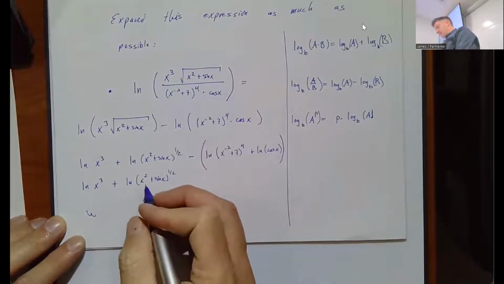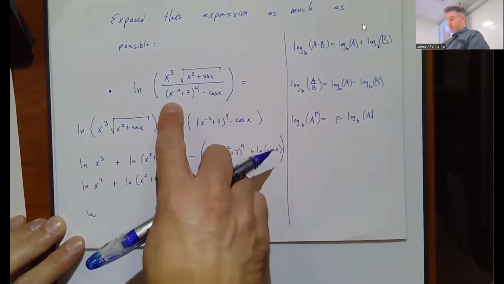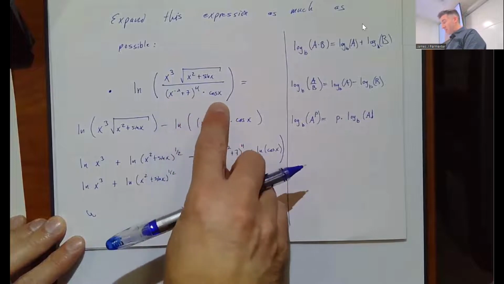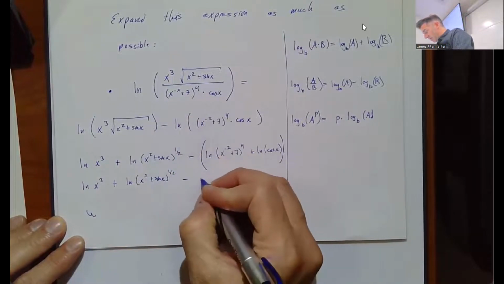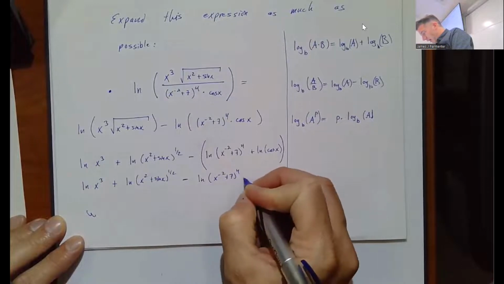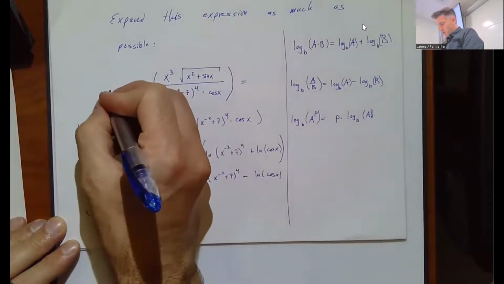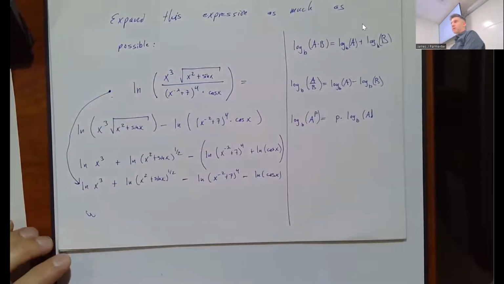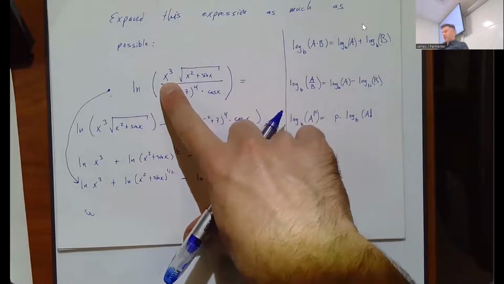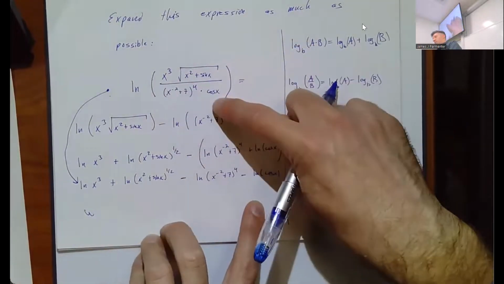But all the bottom factors, x to the negative second plus 7 to the 4th and cosine of x, end up with negative coefficients. So personally, I am pretty comfortable going straight from here down to there, saying it's the natural log of the top factor plus the natural log of the top factor minus the natural log of the bottom factor minus the natural log of the bottom factor.